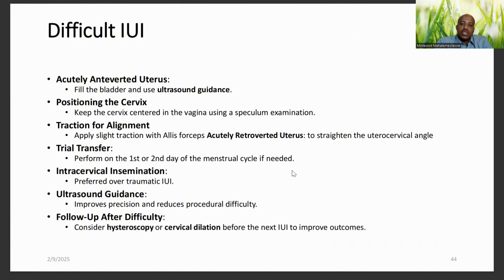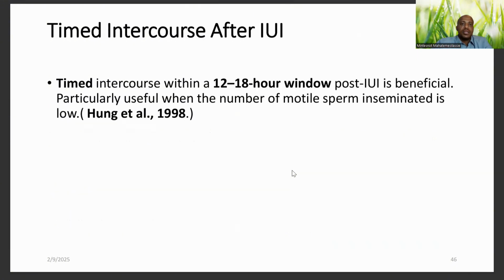In a difficult situation, if you have not succeeded, next time you can consider hysteroscopy and cervical dilatation before you start the next IUI cycle. The other question is whether to have sexual intercourse after IUI. It is recommended. It will benefit, and it doesn't harm anything. So you have to encourage intercourse on the day of IUI as well as on the next day.